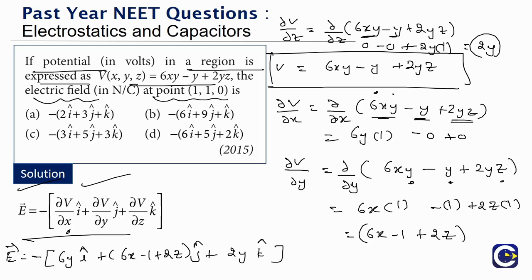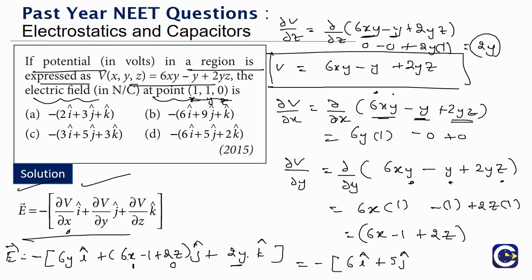But they are asking us to tell the electric field at (1, 1, 0), meaning x is 1, y is 1, z is 0. So in this expression we just have to substitute. x is 1, y is 1, so it will be 6i. x is 1, y is 1, z is 0, which means 6 minus 1 is 5.